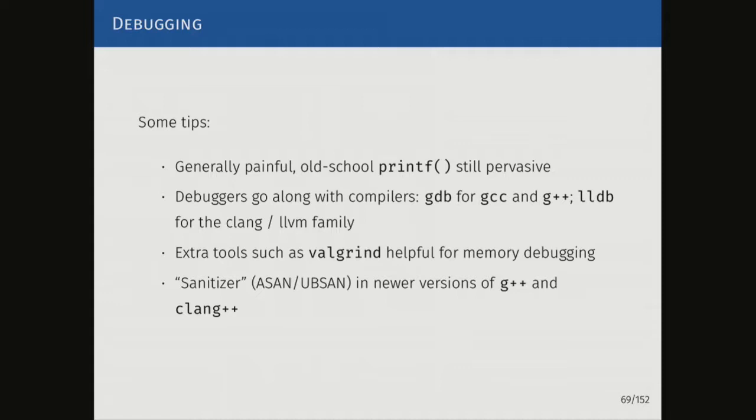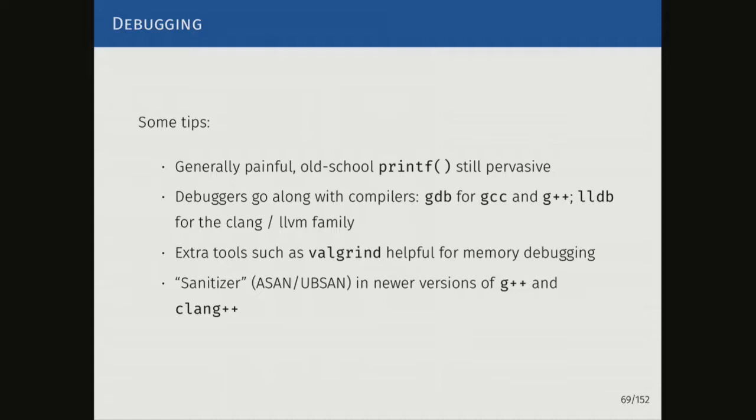I think it also finds when you access regions of memory that you haven't actually reserved, but that's a speciality of these tools too. The newer versions of G++ and Clang do that: address sanitizer and undefined behavior sanitizer, ASAN and UBSAN. Sadly, in order to use them, you have to build your versions of R with them. So that's a bit of extra work we don't always want to do.